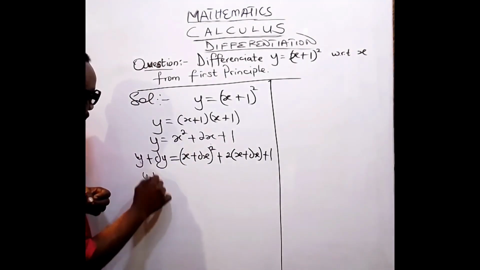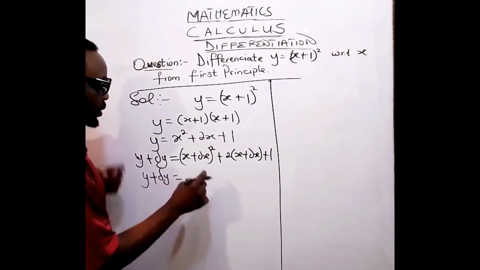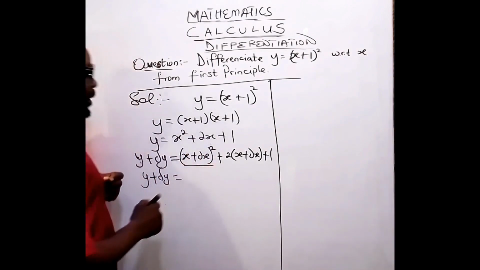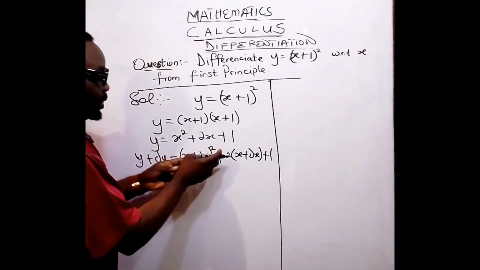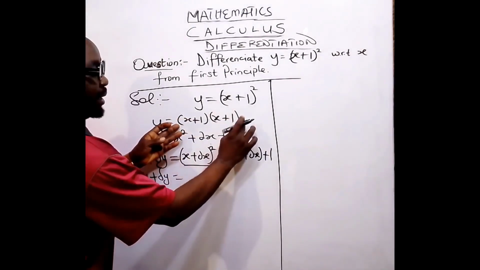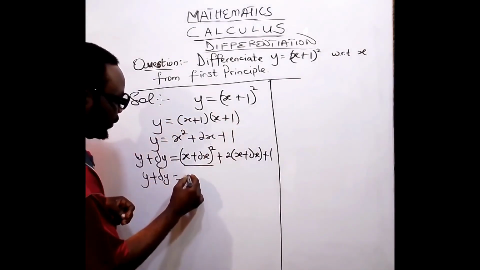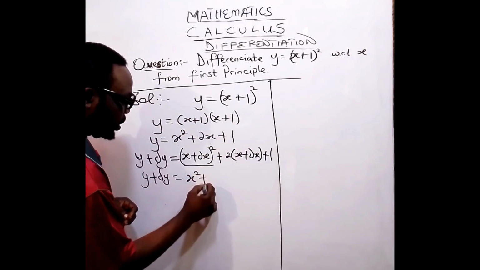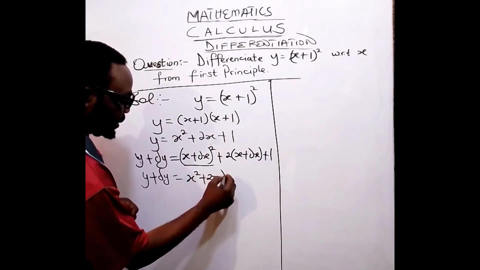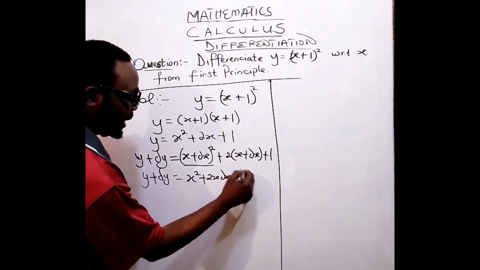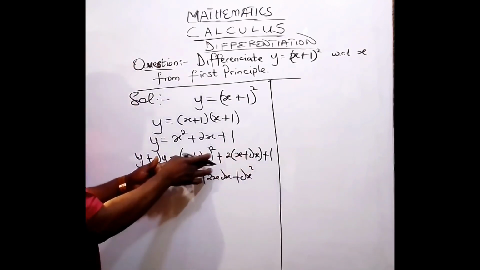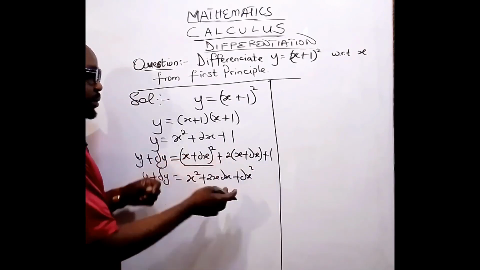We have y plus delta y will be equal to, if we expand this value here, x plus dx squared, the way I made this one here, you are going to have x squared plus 2x dx plus dx squared. That is what this value is going to transform into.